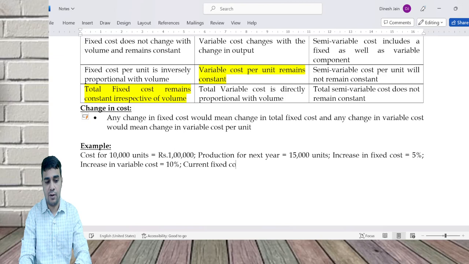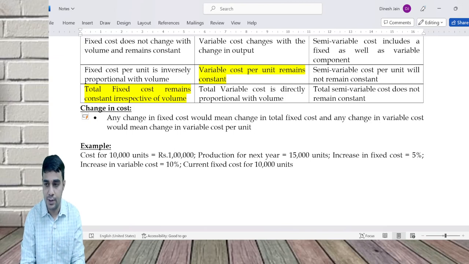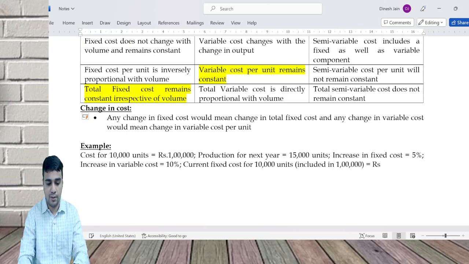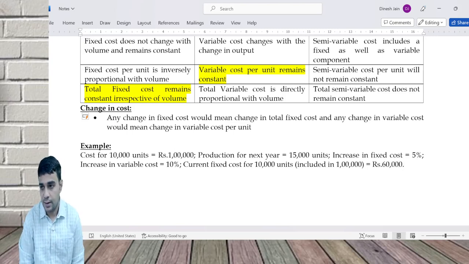Current fixed cost for 10,000 units, included in that 1 lakh, is rupees 60,000.